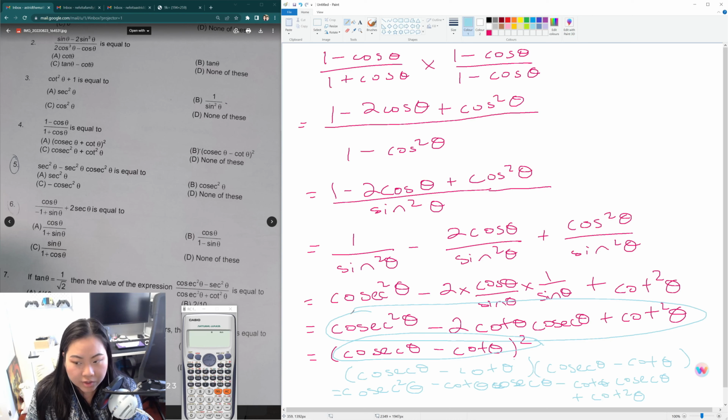Let's put it in the question first. So we have 1 minus cos 72 over 1 plus cos 72 degrees.